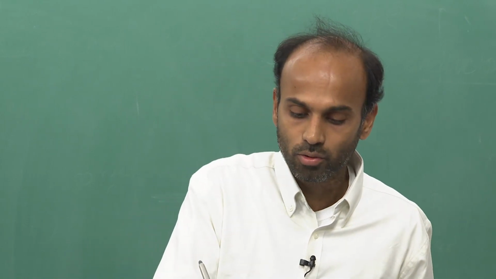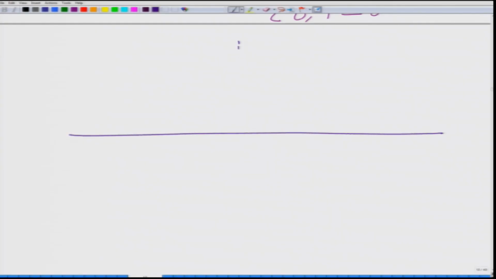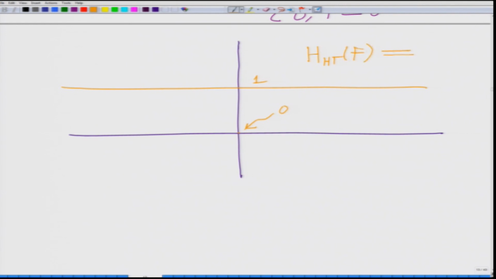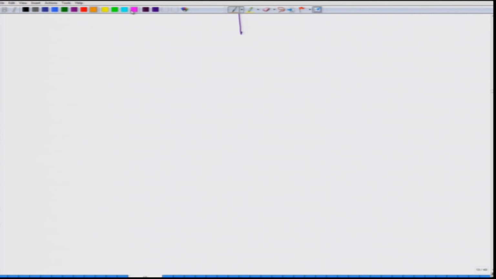So, the magnitude response looks like this, except at 0 where it is equal to 0, except for this single point, the magnitude response of H hat of f is unity.